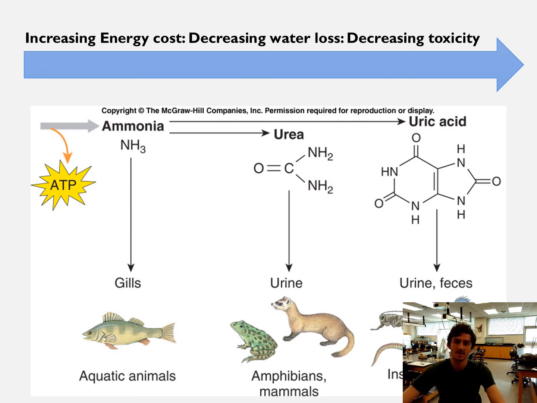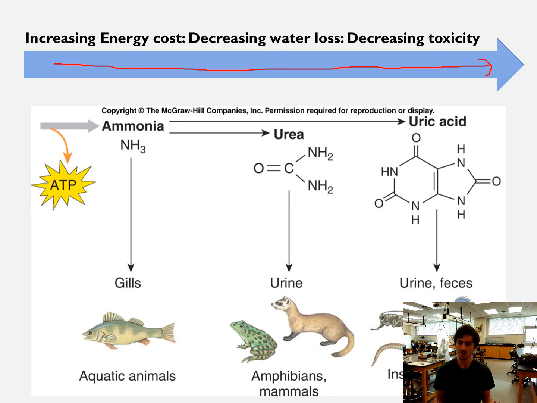So if you want to look at this chart in a more simple sense, you have increasing energy cost in this direction. You have decreasing toxicity in this direction, and you also have decreasing water loss. So at ammonia, you have the lowest energy cost. It doesn't take a lot just to diffuse ammonia out into the external environment.